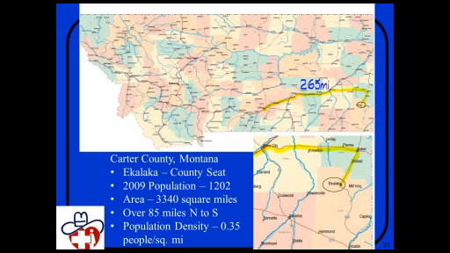However, Puerto Rico has over 3.7 million people compared to the 1,200 in Carter County. So the population density of Carter County at 0.35 people per square mile is far less than the number of sheep and cattle that we have. However, Puerto Rico has over 1,050 people per square mile, more than 3 times more people per square mile than what Carter County has.